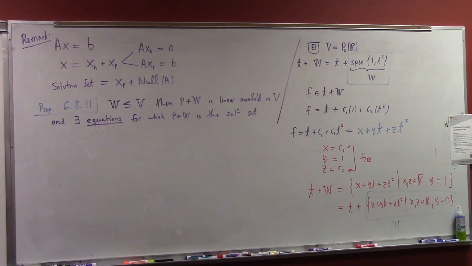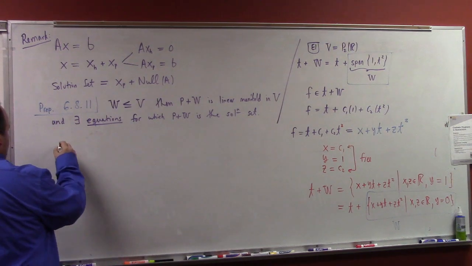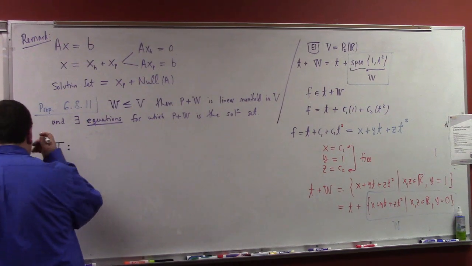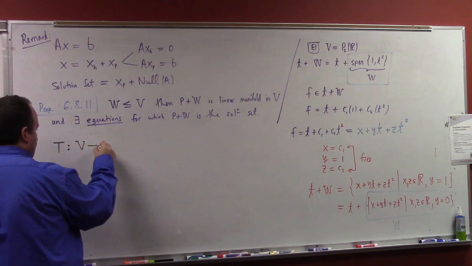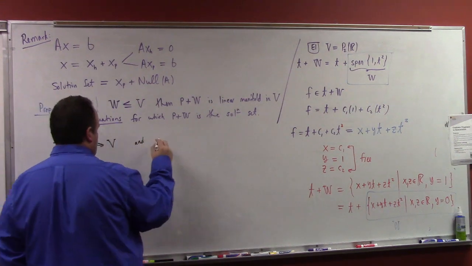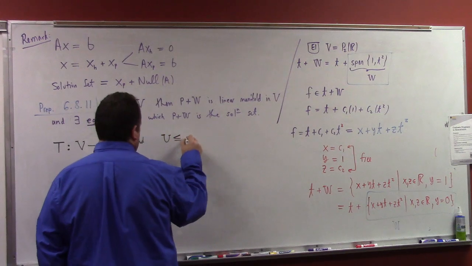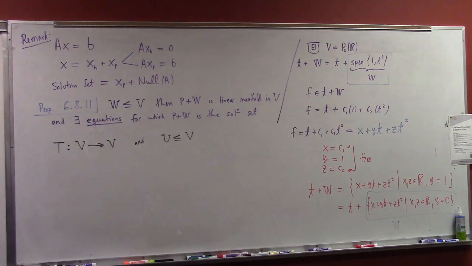Let me just write that out. So basically I have a linear transformation from a vector space V to a vector space. So it's an endomorphism from V to V. And we have U is a subspace of V. And what else?